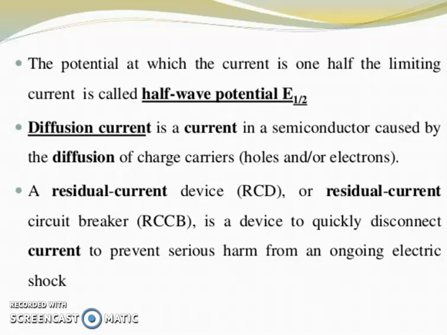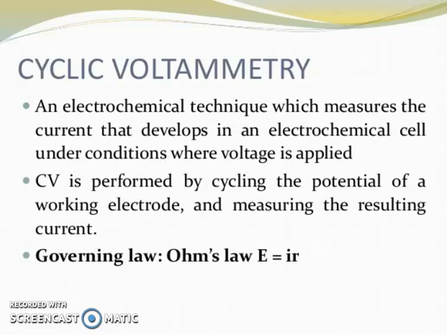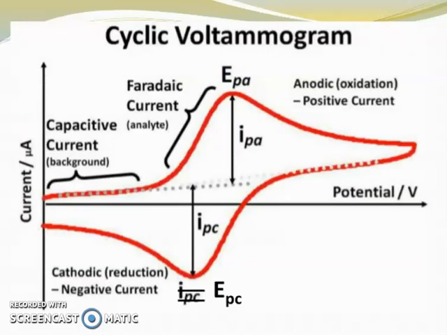So, cyclic voltammetry is an electrochemical technique which measures the current that develops in an electrochemical cell under conditions where voltage is applied. Cyclic voltammetry is performed by cycling the potential of the working electrode and measuring the resulting current. The governing law is Ohm's law.